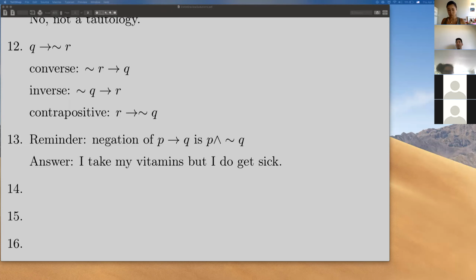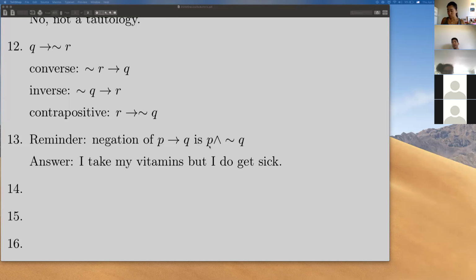The original is P to not Q, and then the double arrow to P and Q. The negation of P to Q, the double arrow is saying that it's equivalent. So what takes the place of this is P and not Q.